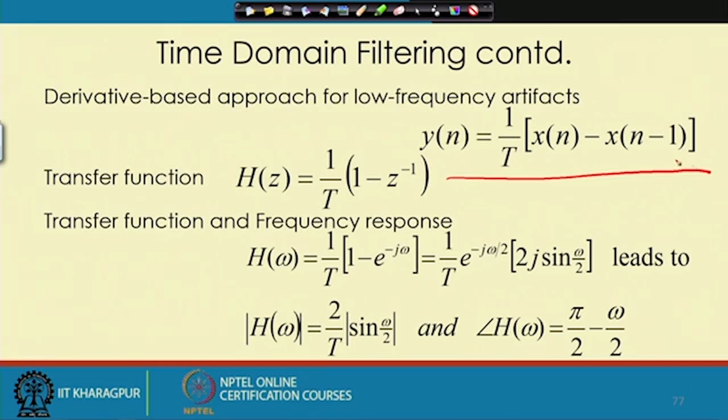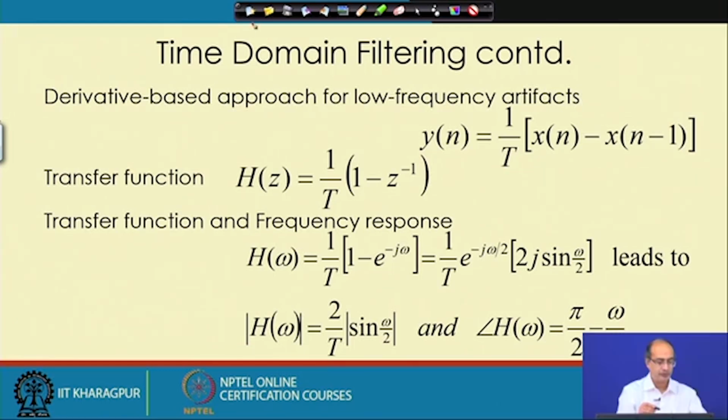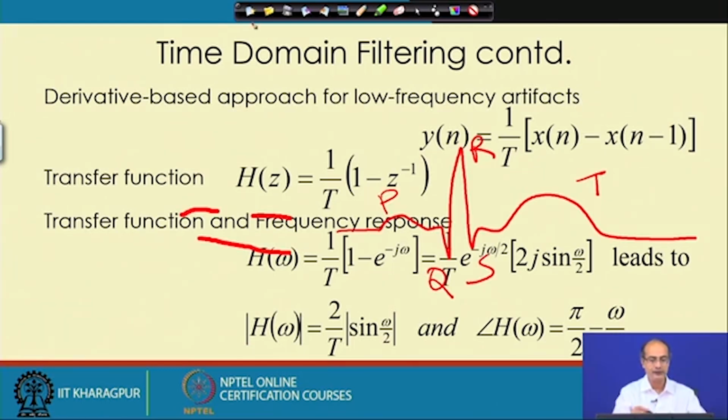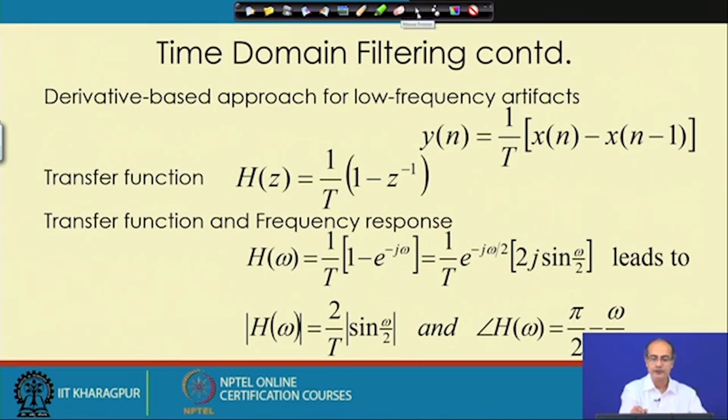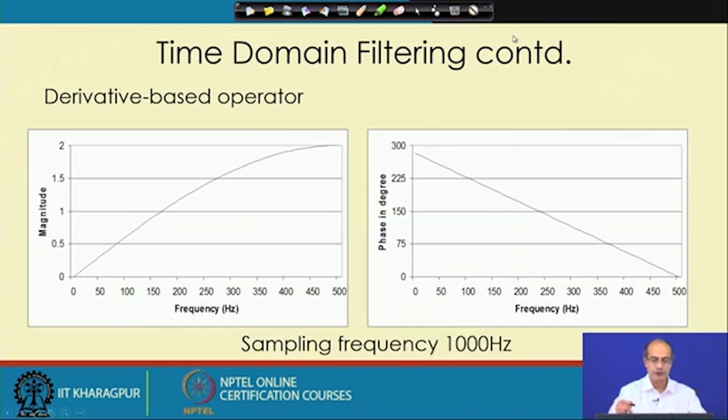In the last session, we were looking into the derivative based filter. This is the simple form, and we have seen the corresponding transfer function, which is a high pass filter.